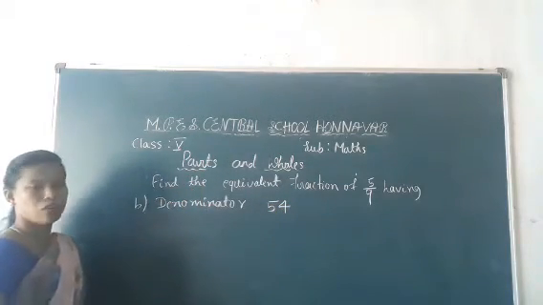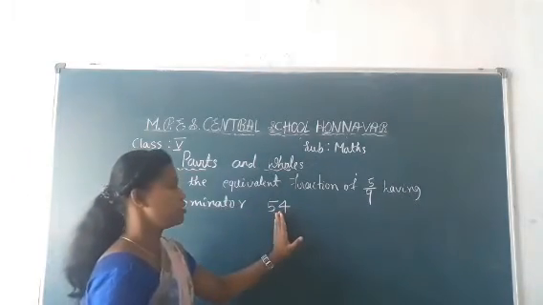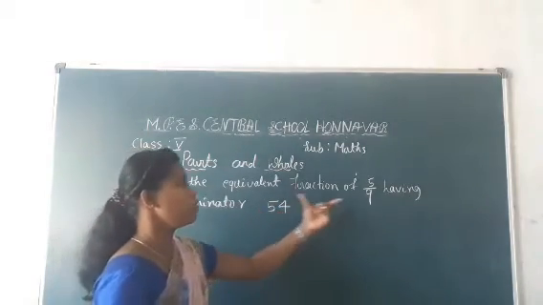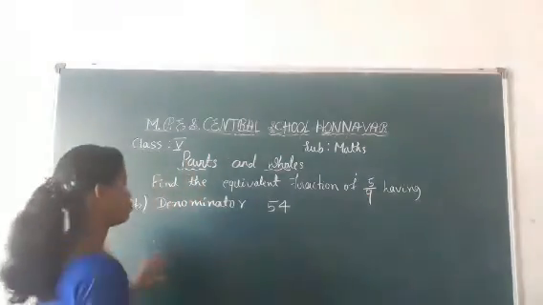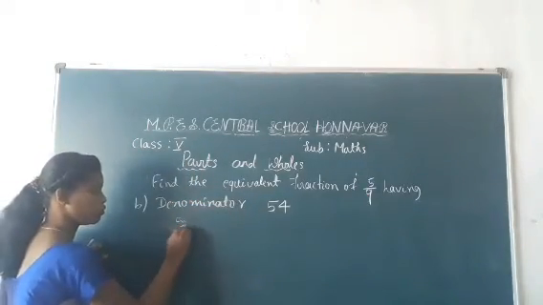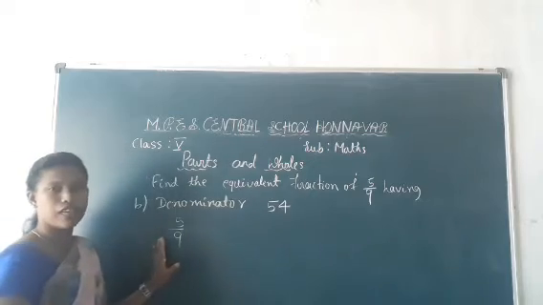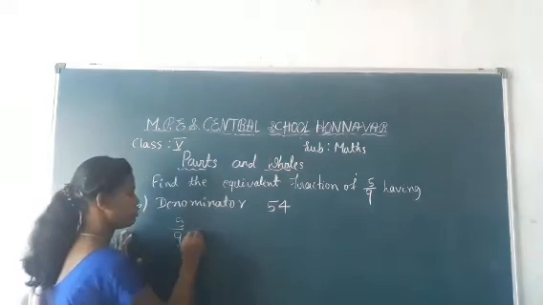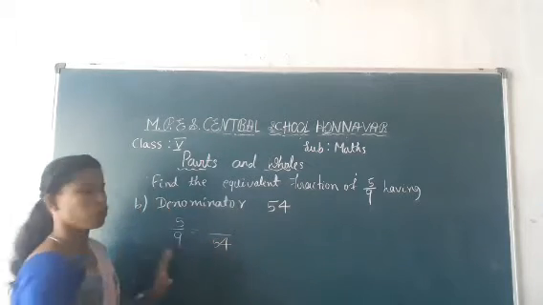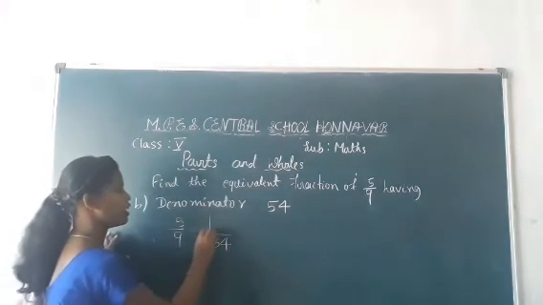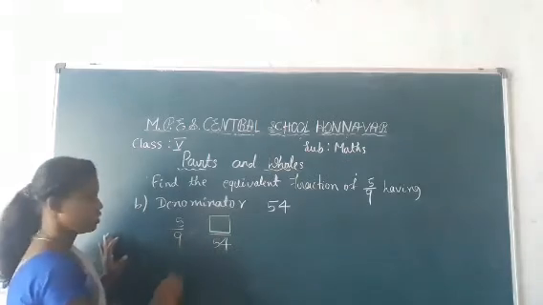Okay, now we know the denominator. We have to find out the equivalent fraction of 5/9. What do we do? Find out the equivalent fraction of 5/9. We know the denominator, that is 54. Here we find out the numerator.